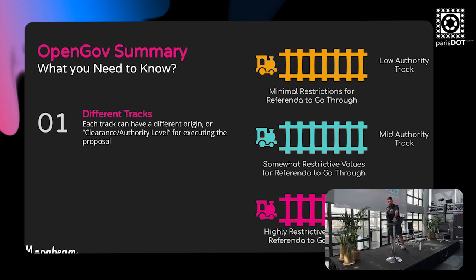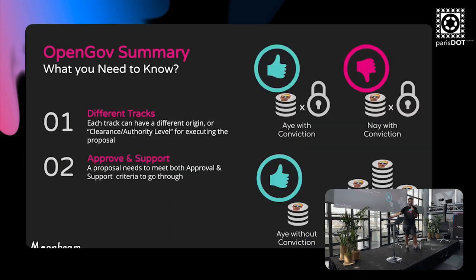The other thing about OpenGov that you need to know is approval and support, right? For a referendum, there are a lot of configuration parameters, but there are 2 things that a lot of people get confused about. One of them is the approval, which is basically yes votes times the conviction. When you vote, you can say, I am voting with 1 token and I want to lock it for 200 days, and so you get a multiplier of your voting power.